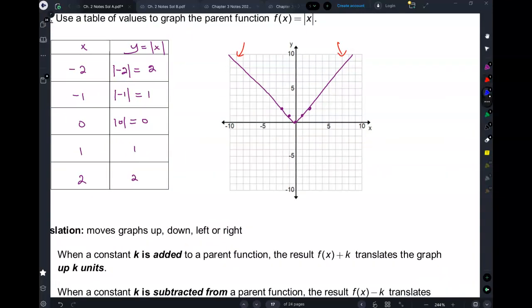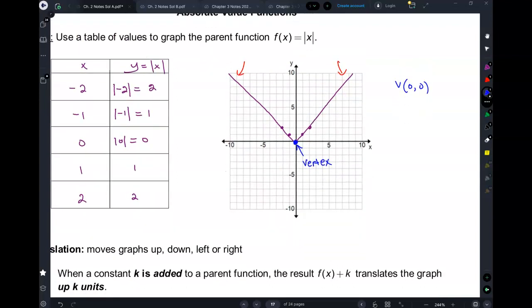So remember how we said the absolute value graphs will look like a V. This corner here is called the vertex. Once you plot the vertex, so in this case, the vertex is at 0, 0, the rest you can just do like slope, rise over run. So take a look at the equation here. F of x equals absolute value of x.